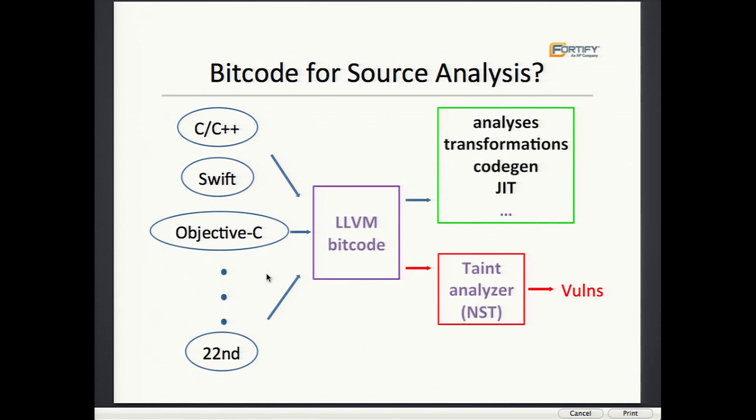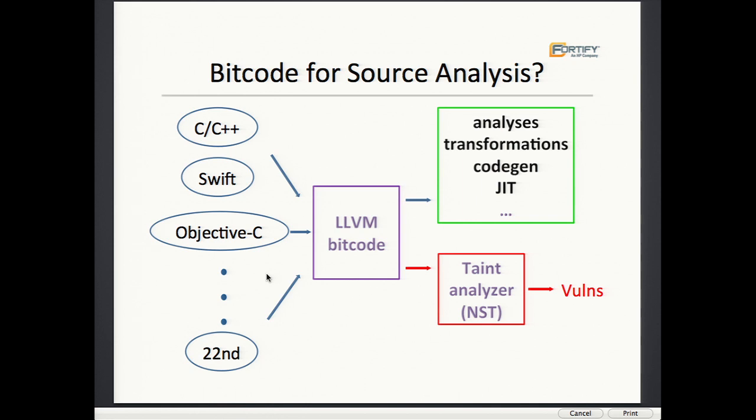For LLVM, this is a new application area which doesn't affect any existing applications. For security analyzers, we can add support with minimum effort, or even free, for the languages that we didn't support before, for example Objective-C and new languages such as Swift and all the other languages.